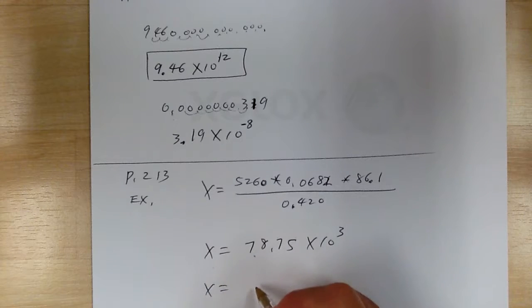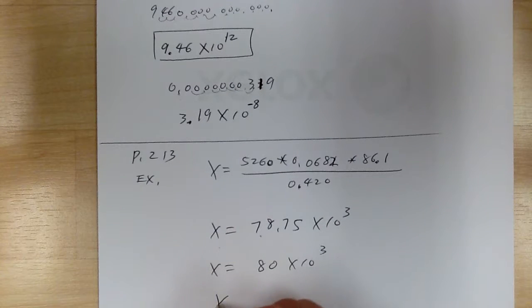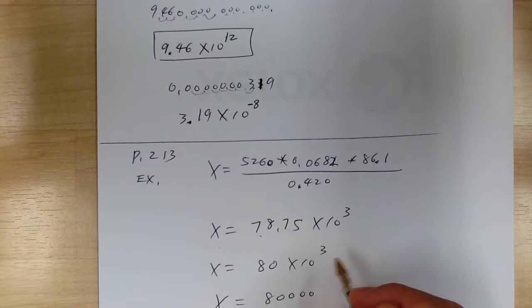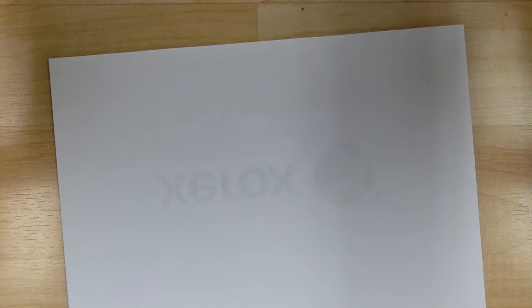So the answer will equal 80 times 10, again only 1 digit, right? Times 10 to the 3. So x will equal 80,000, okay? So you've got to pay attention to the digits. Okay, so let's go over more examples so you can understand what I'm talking about. So let's go to page 214.